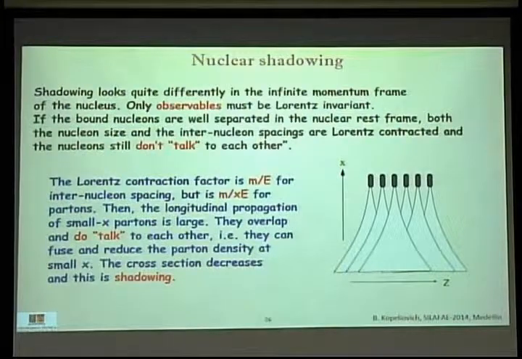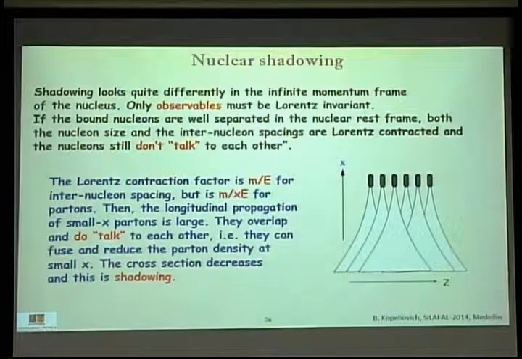So this means that in the rest frame of the nucleus, they don't talk to each other, they don't overlap. Now we make a Lorentz boost, and all distances between nucleons contract by a factor of nucleon mass over its energy. However, the longitudinal size of each nucleon is also contracted. So if they don't talk to each other in the rest frame, they will not do that in the boosted frame.